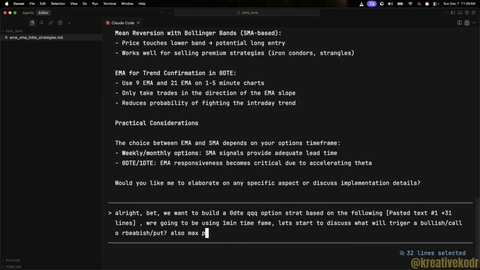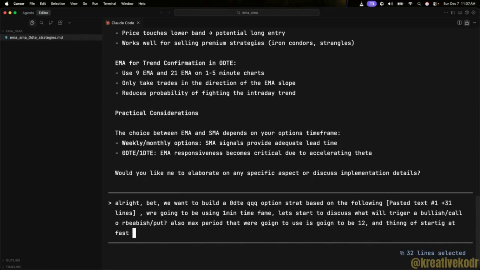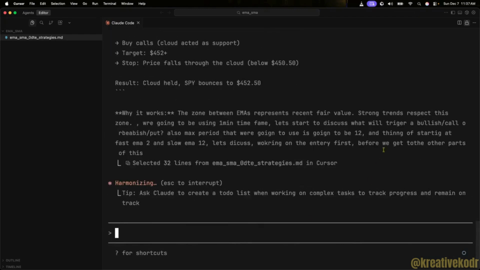Also, the max period that we're going to use is going to be 12, and I'm thinking of starting at fast EMA 2 and then slow EMA 12. Let's discuss working on the entry first before we get to the other parts of this.